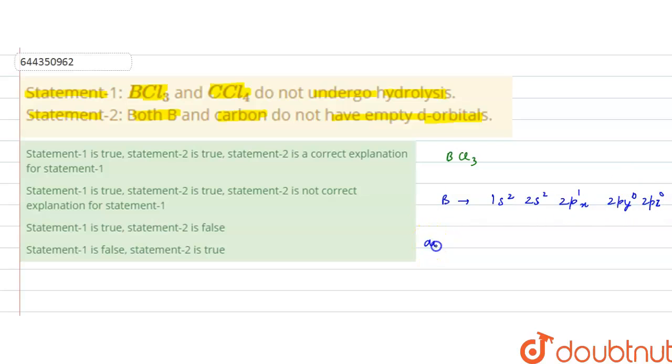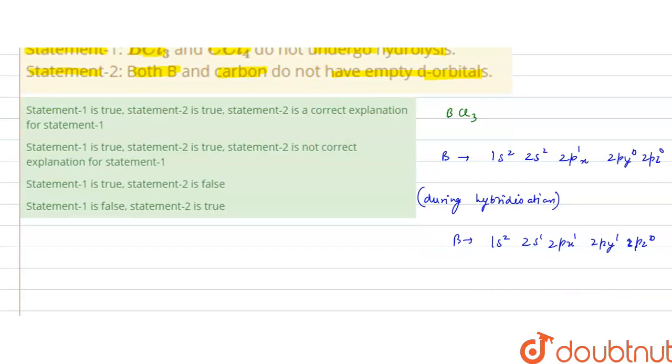During hybridization, one electron in the 2s orbital is excited to one of the 2p orbitals, giving 2s1, 2px1, 2py1 and 2pz0. Therefore, it has one empty p orbital.